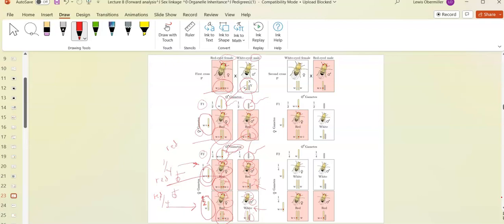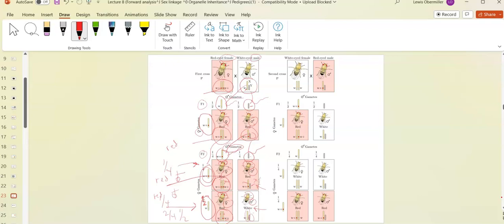So we add them together, we get 2/4 or 1/2. So 50% of all the offspring are going to be female, and 100% of them are going to have red eyes.